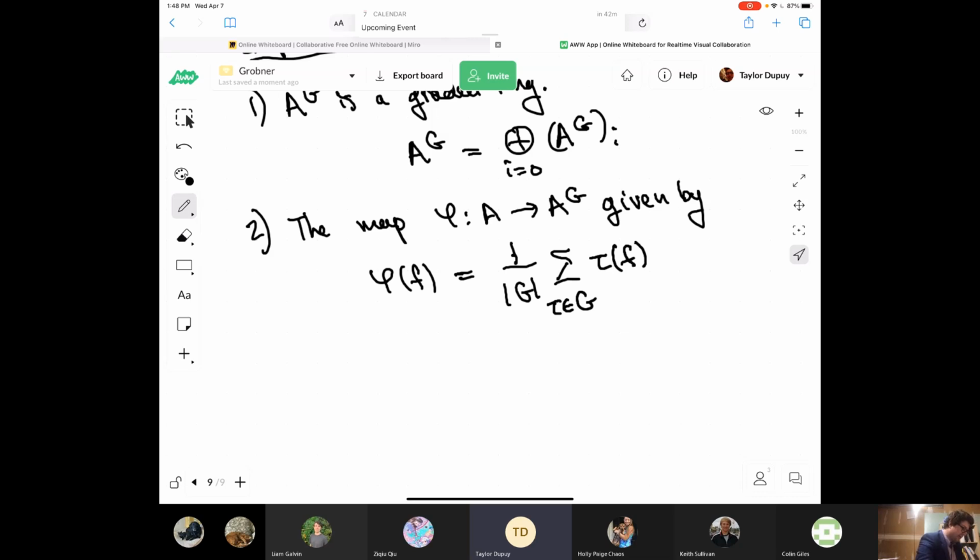Okay, so this thing is a map of AG modules.